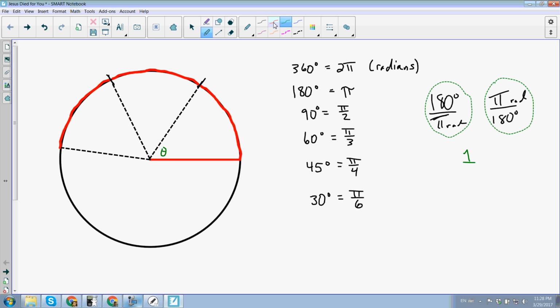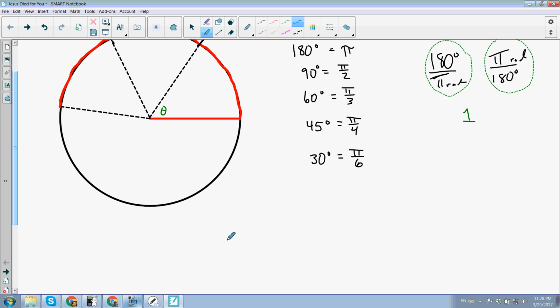Let's say, for example, we wanted to know what 100 degrees was in radians. Well, we simply multiply it by pi radians over 180 degrees, which equals 1.